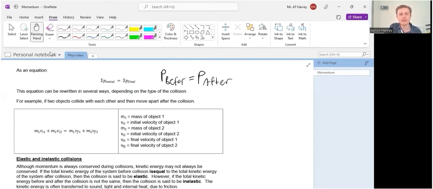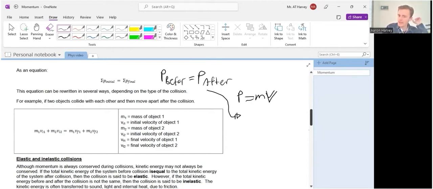The sum of momentum initial is equal to the sum of momentum final. Because if we remember from earlier, our momentum is equal to mass times velocity. So we can actually write this formula differently.